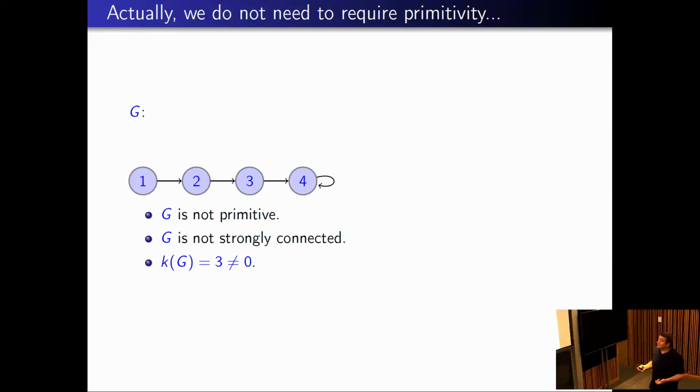But still, you could meet in 3 steps when you work in this park. So again, graphs not only give us an idea how to compute, but also an idea what to do in more general situations.